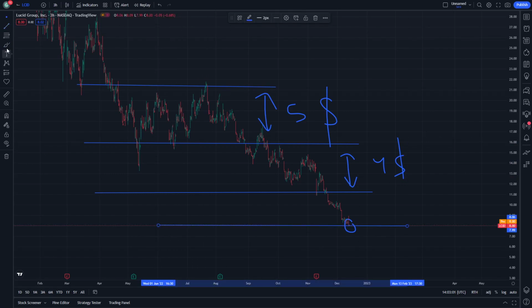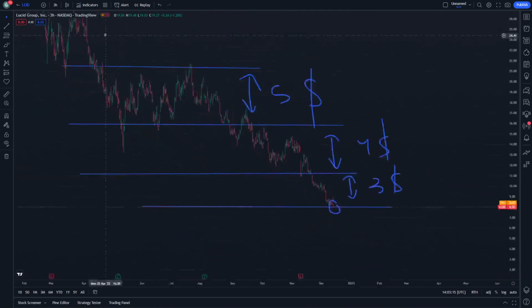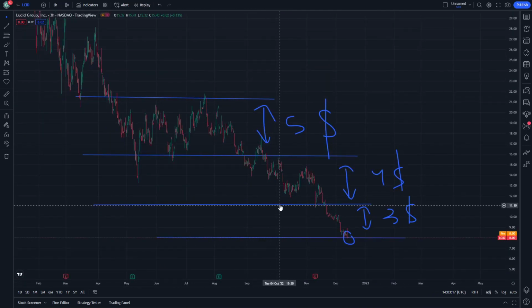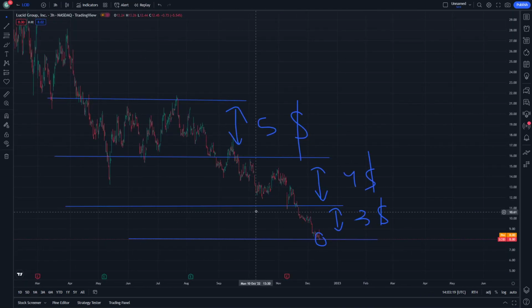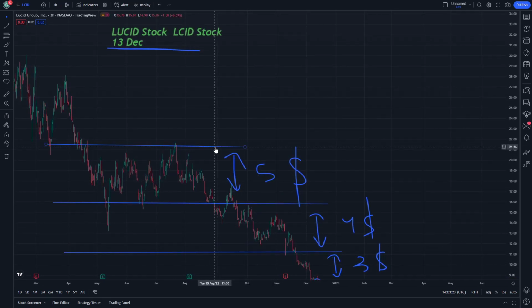But the thing that also matters is that the price from the 0 Fibonacci level to the upper level should be bigger in difference between this level and this level, more than between this level and this level.